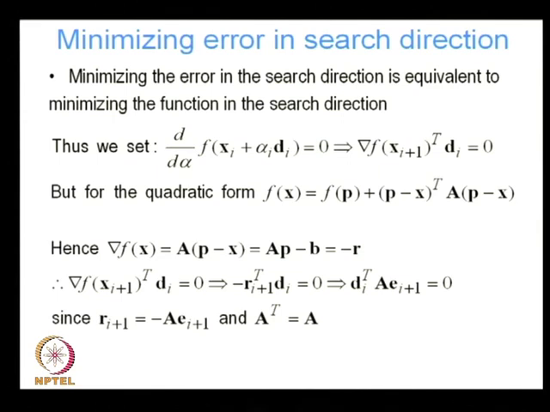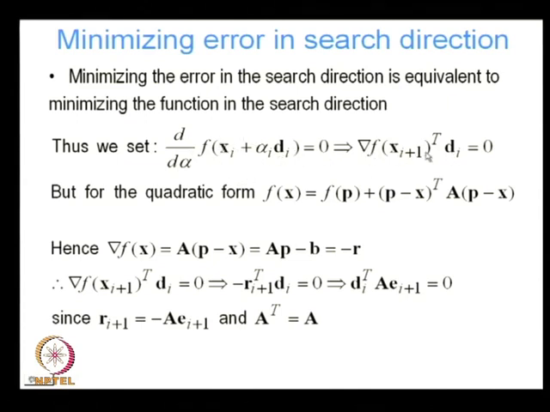So, how do we do that? We take the directional derivative, right, d/d alpha of f(x_i + alpha_i d_i) equal to 0. If we evaluate this, this is nothing but the gradient at x_{i+1} transpose d_i, right.